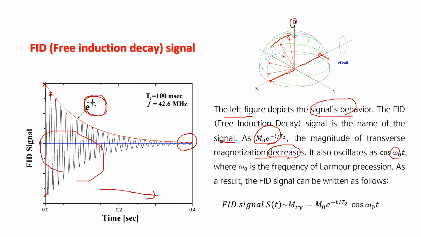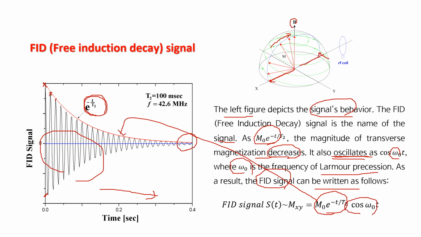Therefore, the signal oscillates. Here, omega 0 is the Larmor precession frequency. As a result, this FID signal can be written as follows, with the decay term and the oscillatory motion.